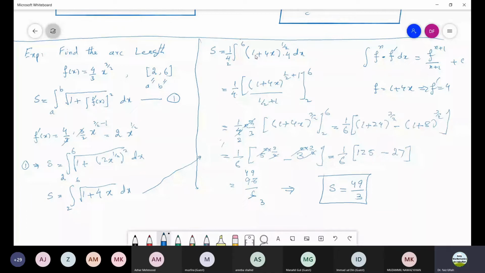But here I need f dash. This is f power 1 over 2 and I need f dash here to use this rule. So that is why, differentiation of 1 plus 4x is 4. If I want to differentiate, I get 4. So I need its differentiation. That is why I multiply and divide by 4. Now it is suitable for this rule and I can use that. Is it clear now? Yes, sir.